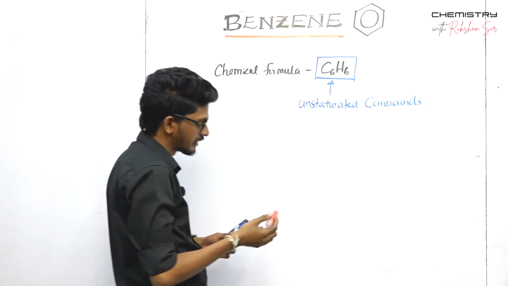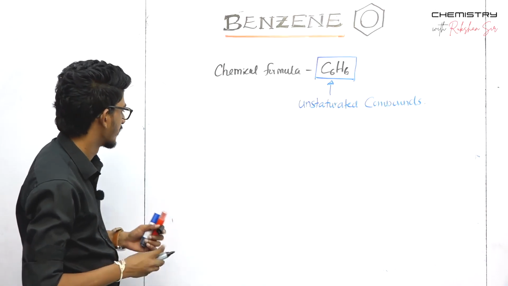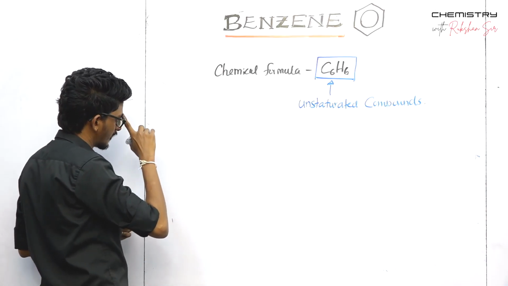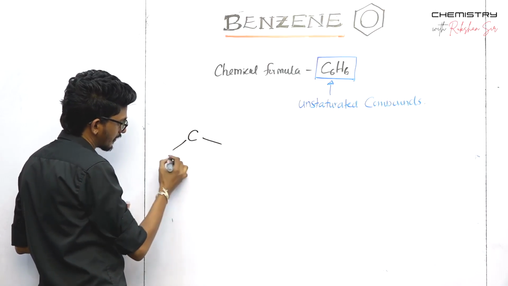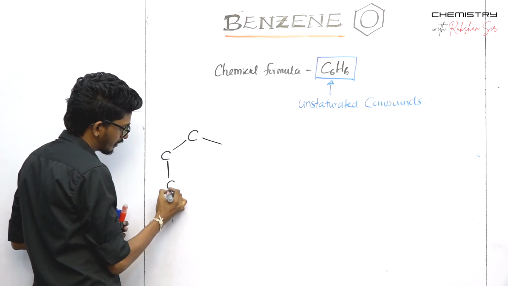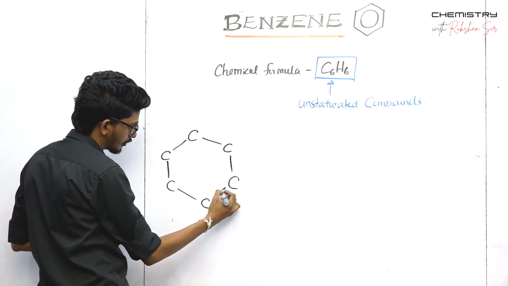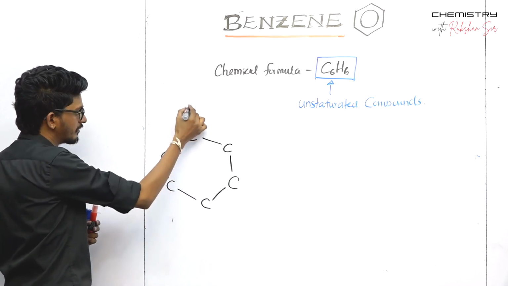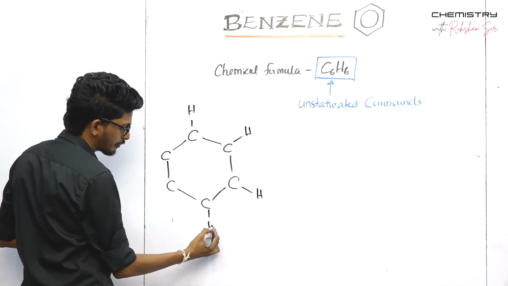Scientist Kekulé came up with a structure for benzene like this. He said benzene should have this kind of structure. That was the first proposed structure for benzene, proposed by Kekulé.